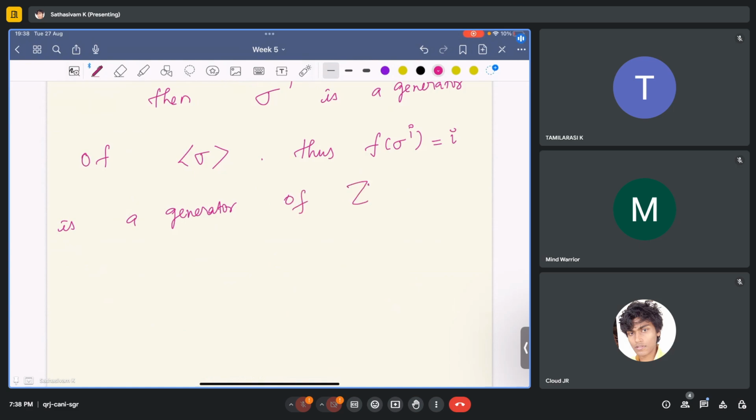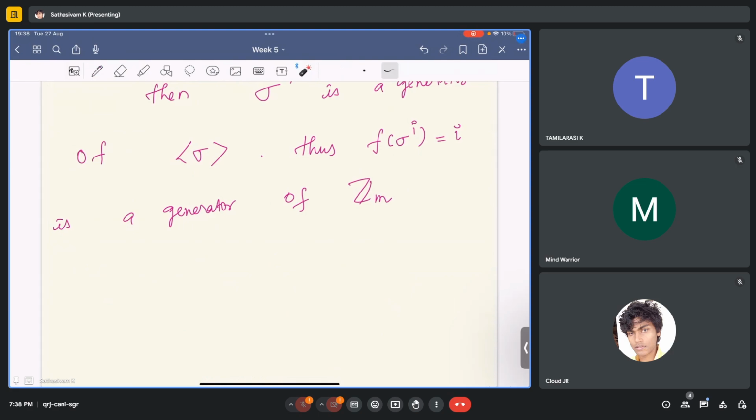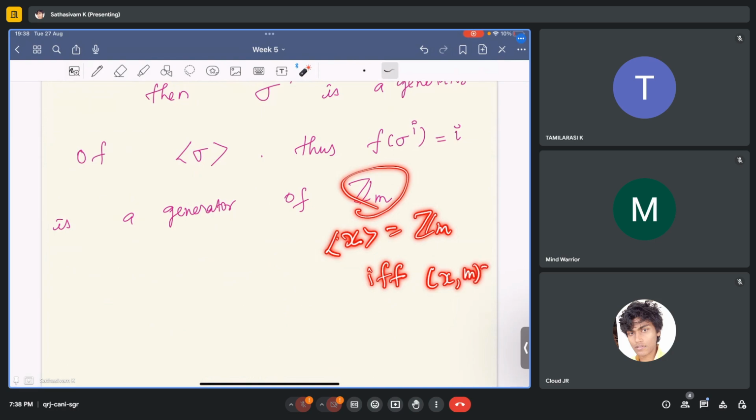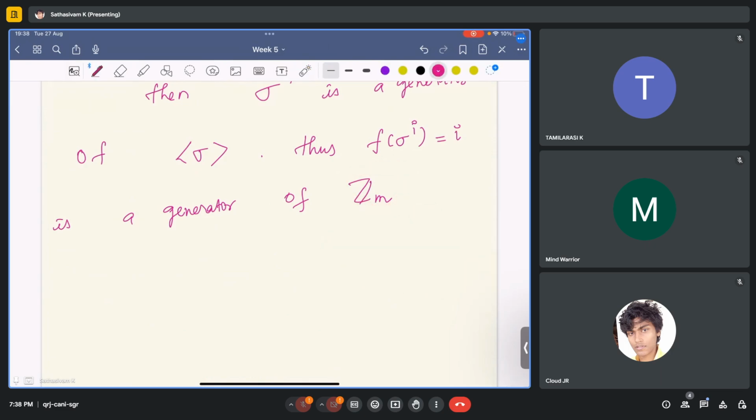A generator of Zm. In Zm, we know when an element is a generator, right? If you take an x, x is a generator if and only if GCD of x and m is equal to 1. So x and m are coprime only then it will happen.